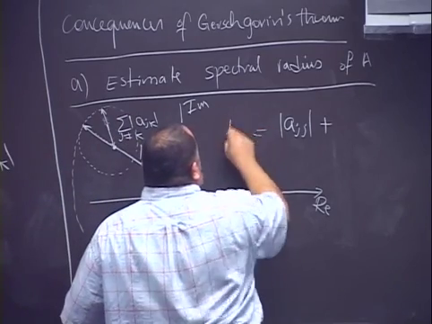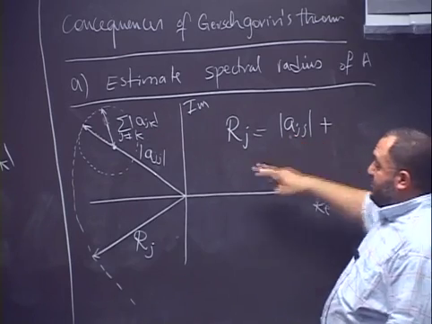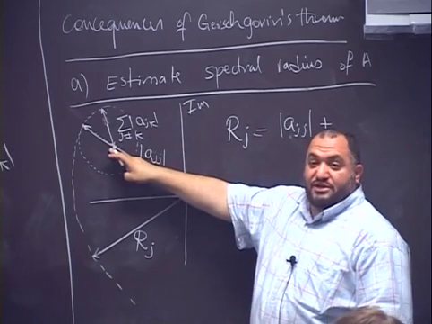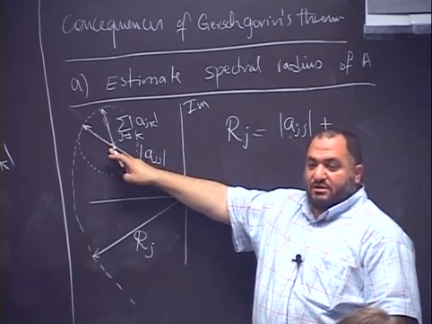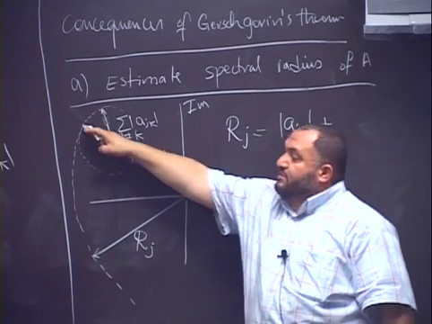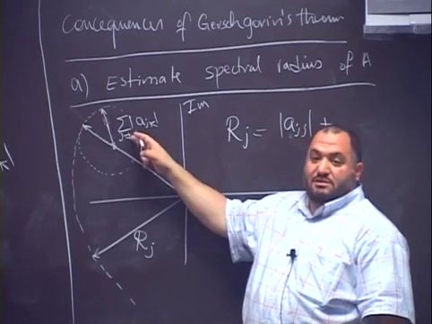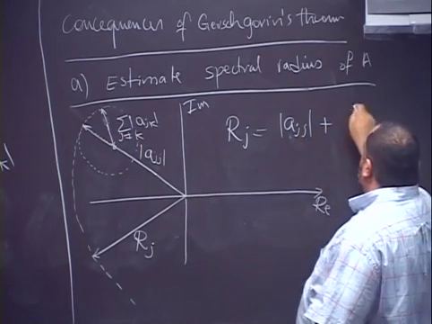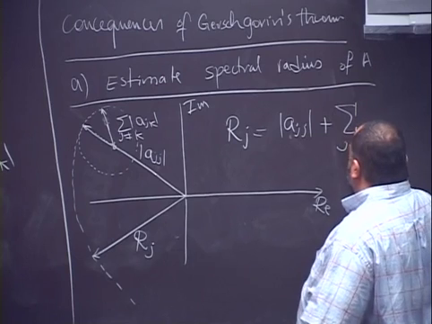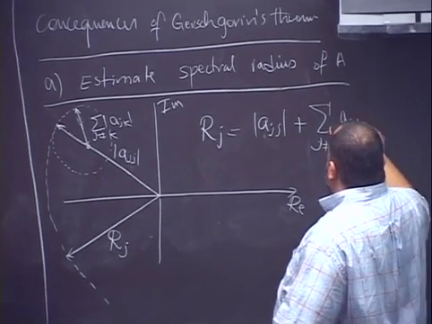So rj is what? rj is just equal to this radius, which is ajj plus this part. And what's this part from this circle? Summation for j not equal to what? k of ajk.